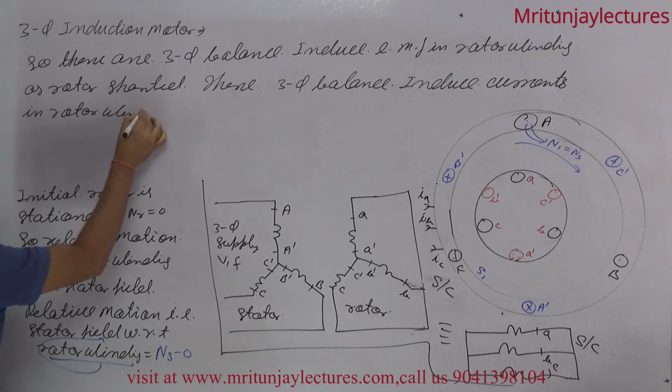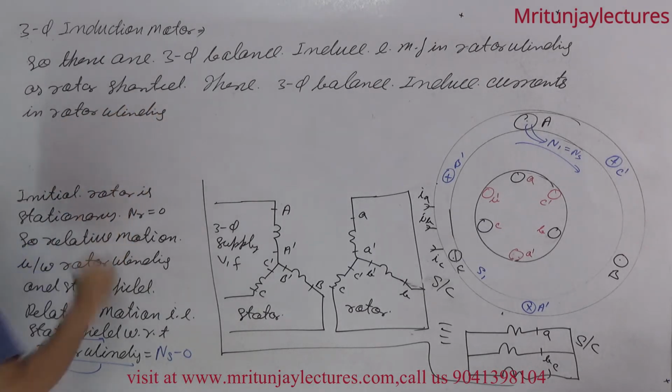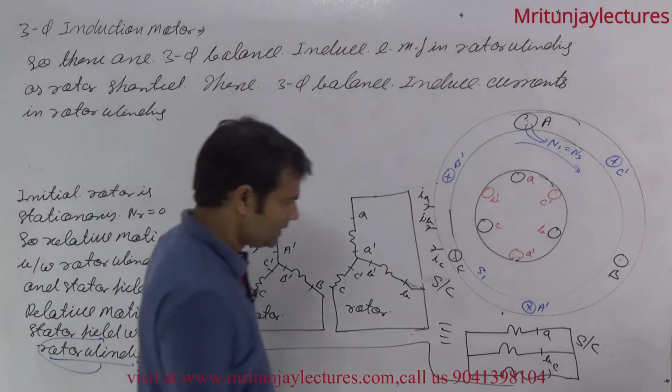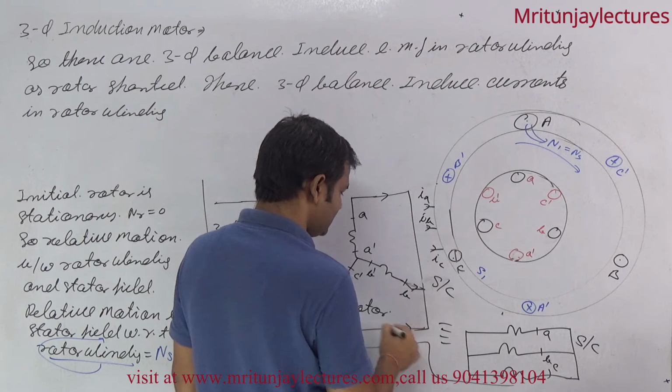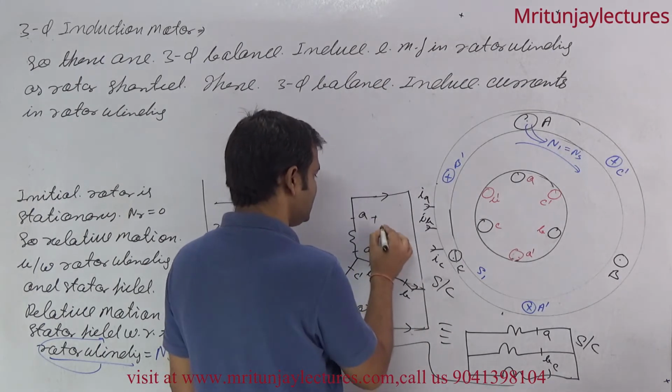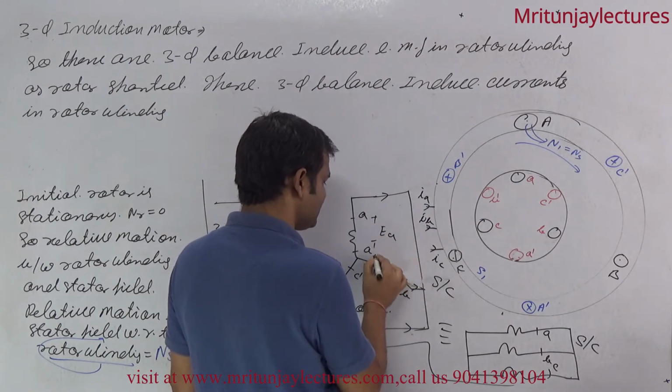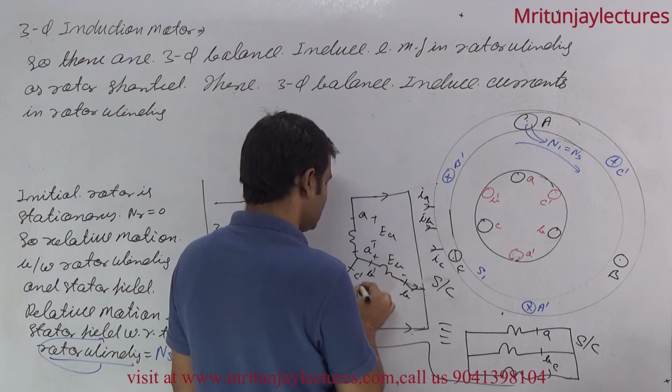Clear? Now here induced current is generated in the rotor winding. Suppose these are EA, EB and EC.